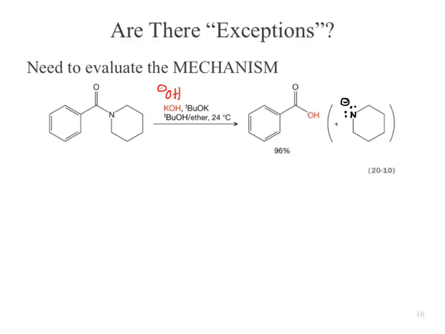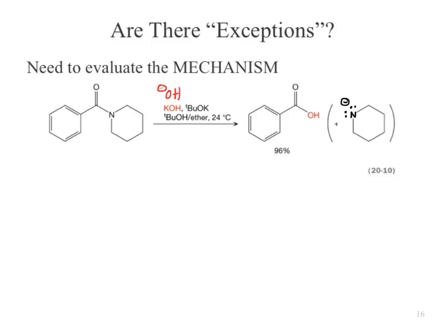Negative oxygen, which is our nucleophile. Our nucleophile being more stable suggests which way the reaction favors? Reactants. So we would predict this reaction to not occur to any serious extent. What's the yield of our final product? 96%. We definitely made a bad assumption here.